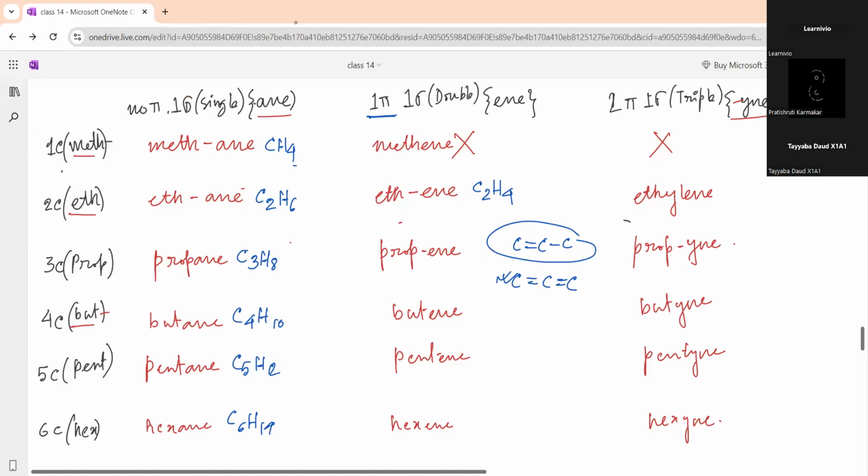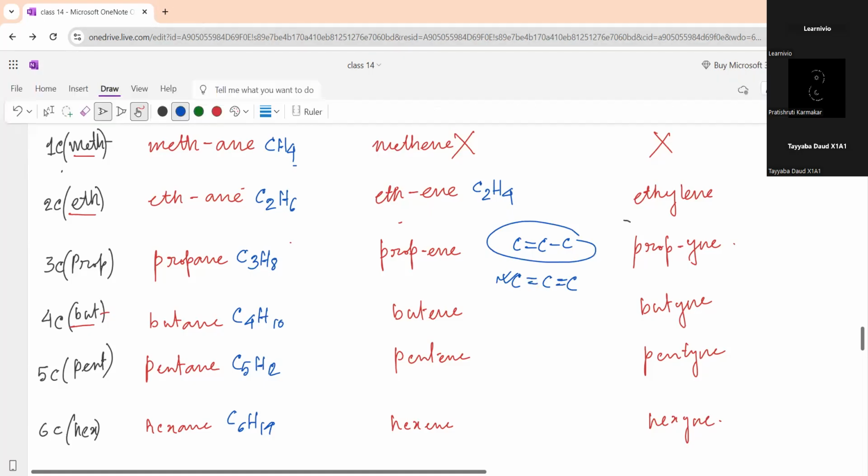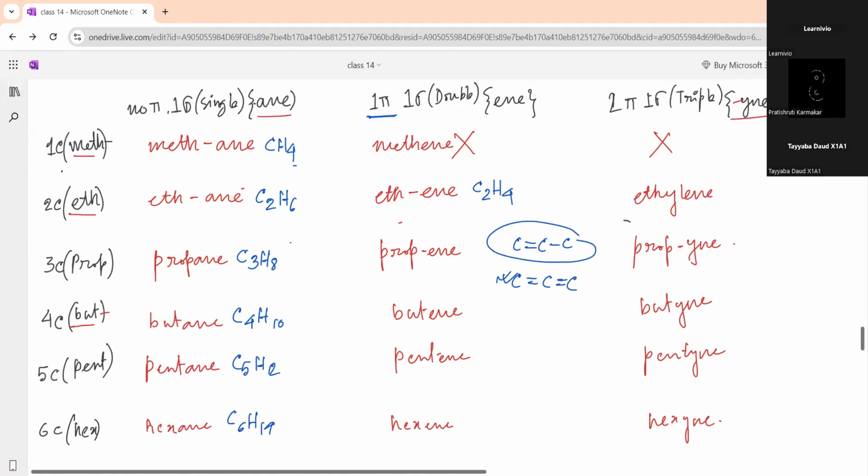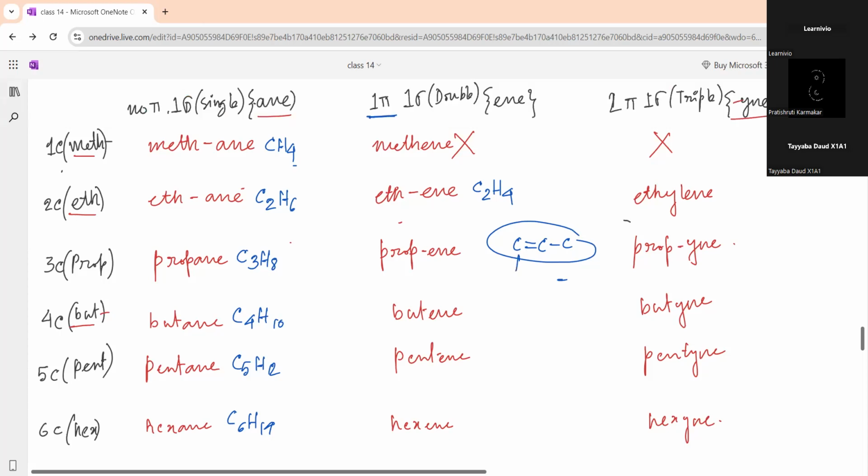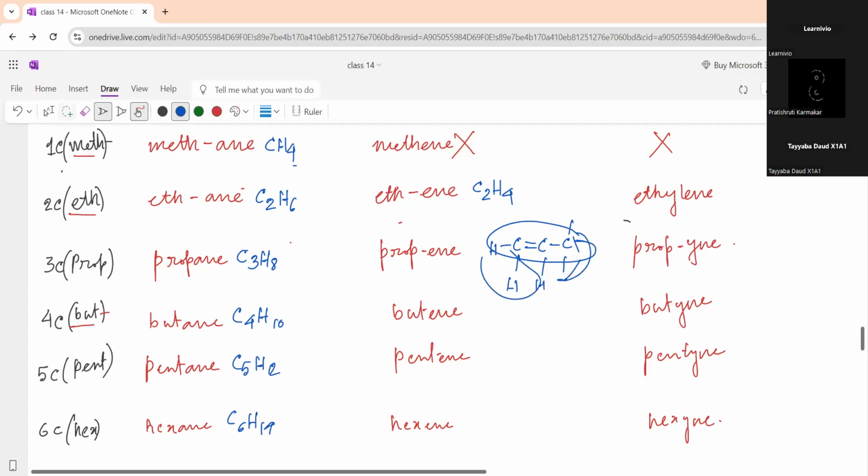So if this be our carbon, then it would have two hydrogens, one hydrogen, and three hydrogens. So 3 and 3, total will be 6, right?